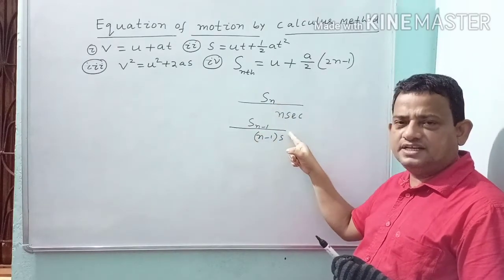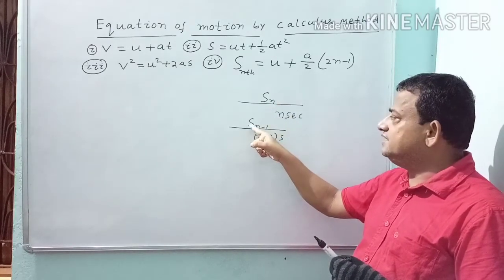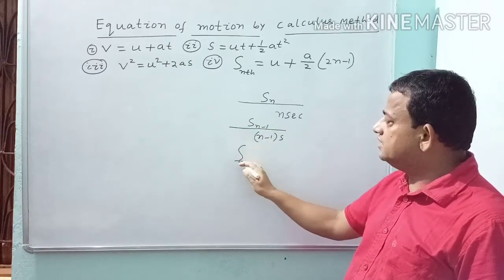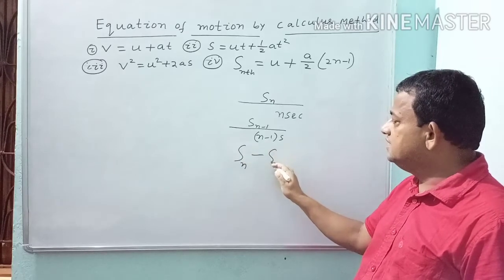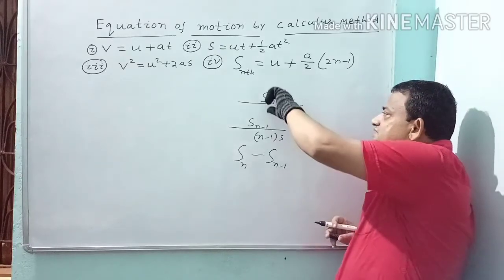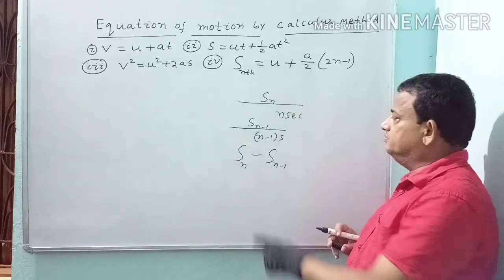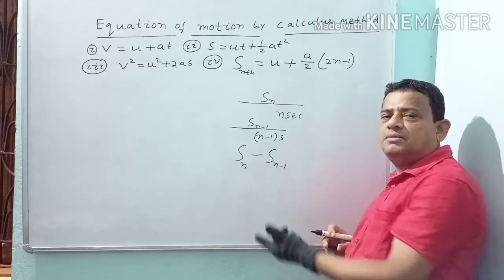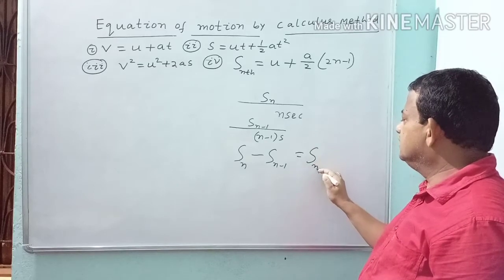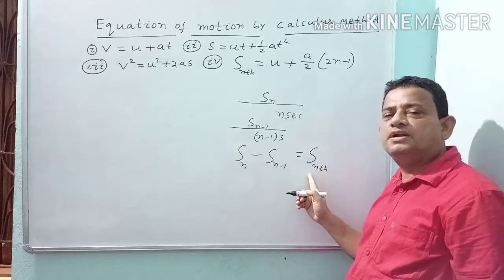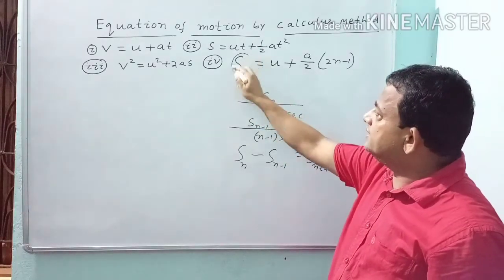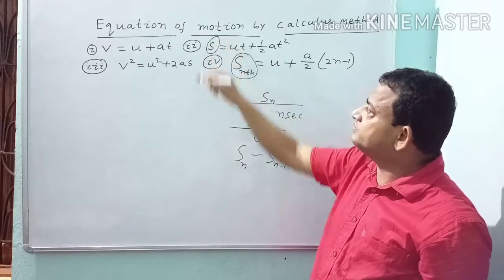In n minus 1 seconds, the distance is S n minus 1. So if you take the subtraction Sn minus S n minus 1, I mean distance covered in n seconds minus distance covered in n minus 1 seconds, that gives you the distance covered in the nth second. So these two are different, S nth and S.